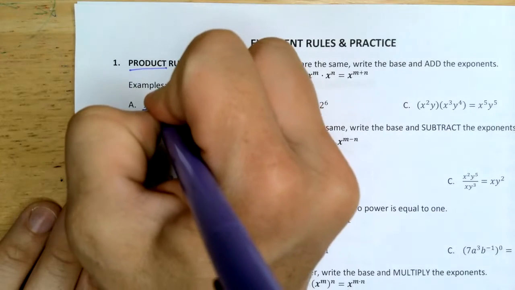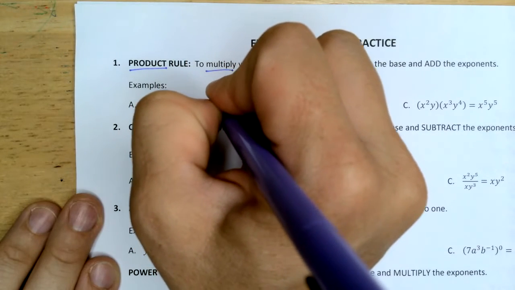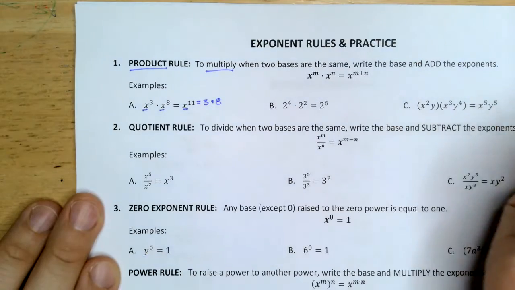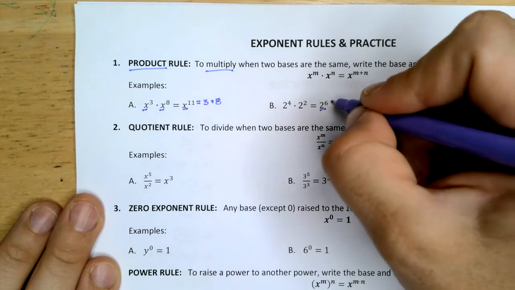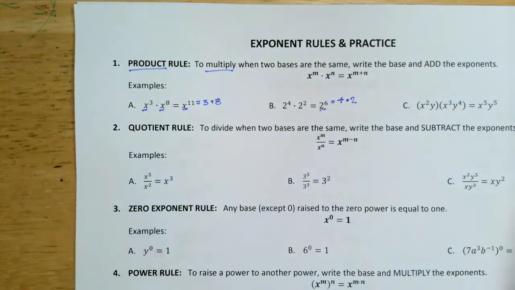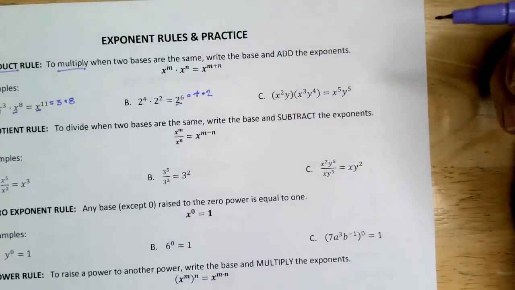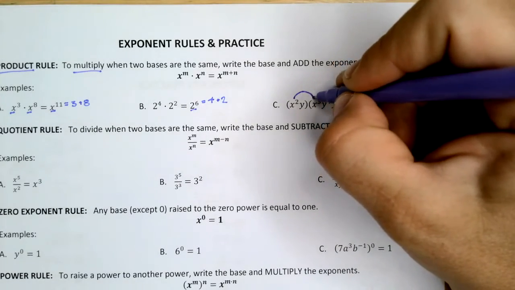So our base is x, and then we add 3 and 8, right? We write the 2, and then we add 4 and 2. Here, when you're multiplying, you're just multiplying the like terms.